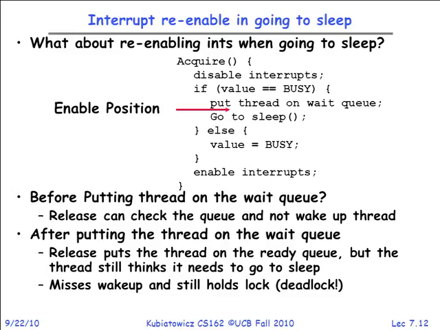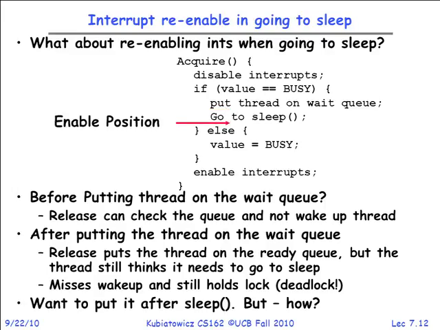Somebody tell me what's wrong with that picture. What's challenging about re-enabling there? Right, the thread is sleeping, therefore you're not running any code. What is this really? Yeah, go ahead.